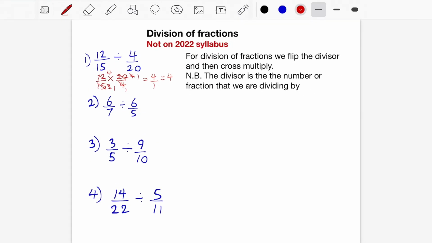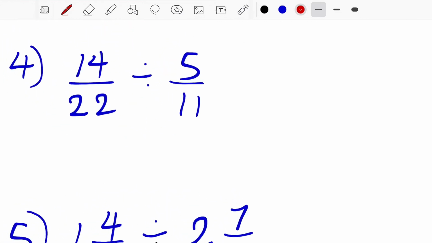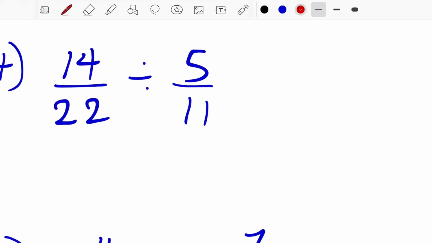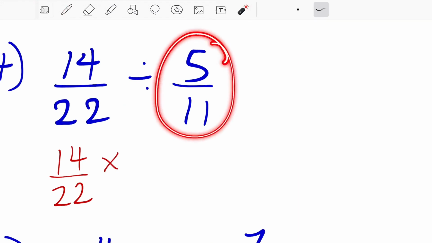Okay, let's do another question. So we will put back the number we are dividing by, which is also called a divisor. 14 over 22. We change division to multiplication, and we flip the divisor.